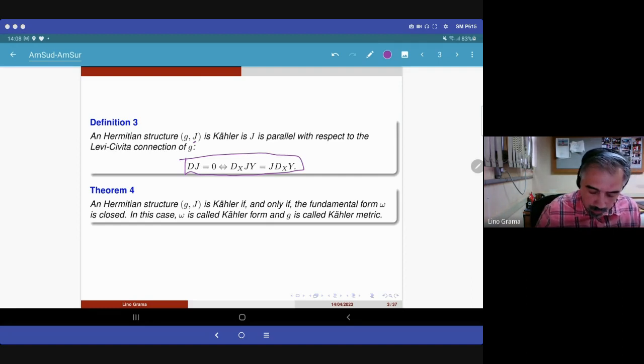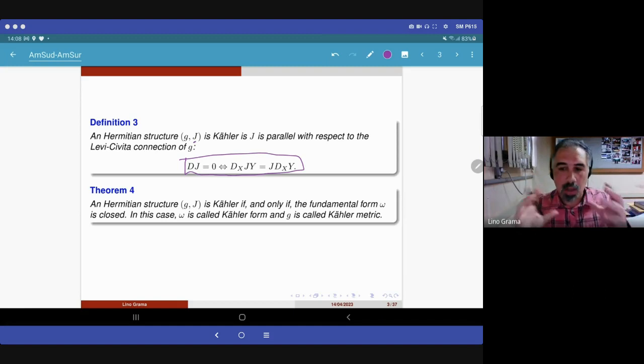And we have a classic result: an almost Hermitian structure is Kähler if and only if the fundamental two-form is closed. In this case, we have three geometric structures here: a symplectic structure, a complex structure, and a Riemannian structure. All three are combined.